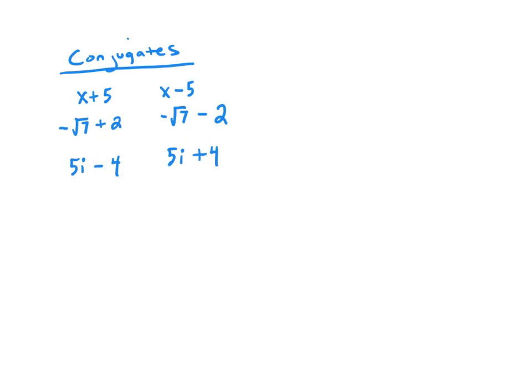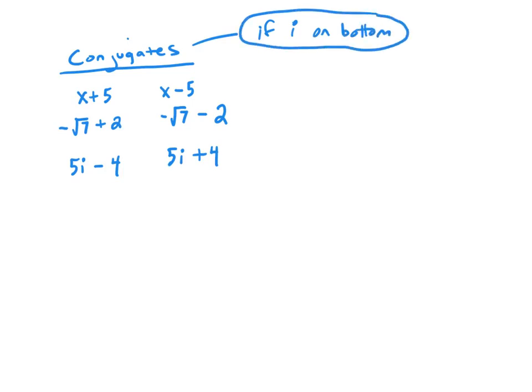Conjugates are going to be important because in the next couple examples we'll have an i term on bottom. If there's an i in the denominator, we'll do some work to get rid of it, and we'll multiply conjugates.